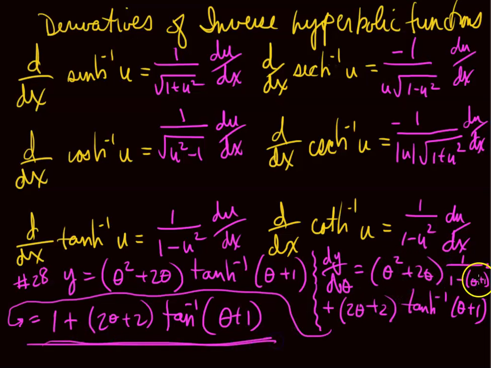Theta squared plus 2 theta. This is a theta squared plus 2 theta plus 1. Pull out the 1 so you can subtract it from this 1. You get a negative theta squared plus 2 theta. Sort of neat. Need some algebra skills for this stuff. Let's do number 36. Change colors.